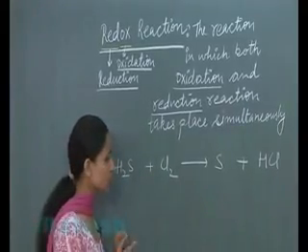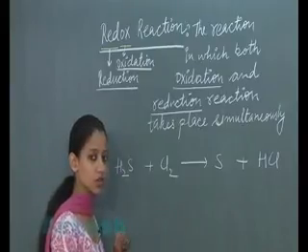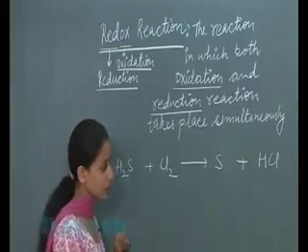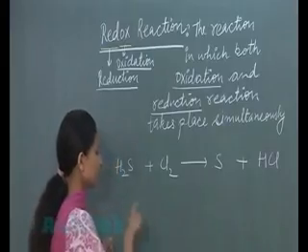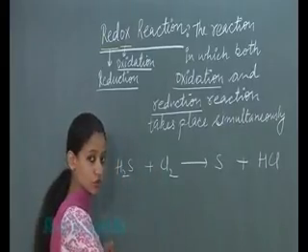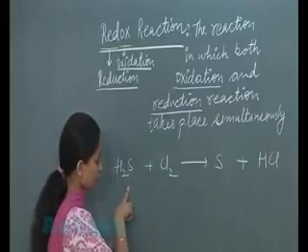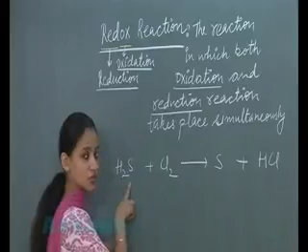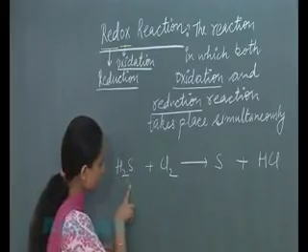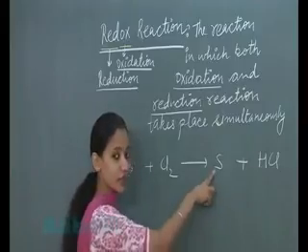For a redox reaction to occur, simultaneously both oxidation and reduction should occur. Now let us see what is happening students. We know that reduction is addition of hydrogen, whereas oxidation is removal of hydrogen. Students, one of the reactants you see is hydrogen sulfide. From this hydrogen sulfide, hydrogen is getting removed and the product that we are getting is sulfur.